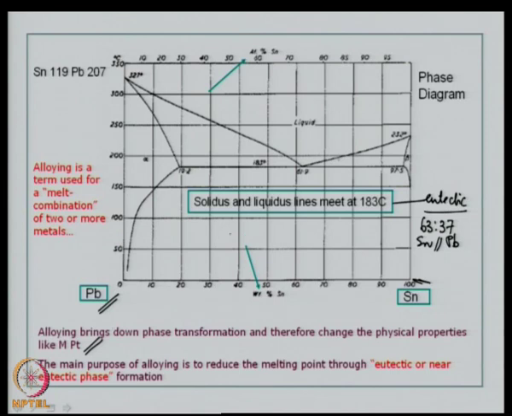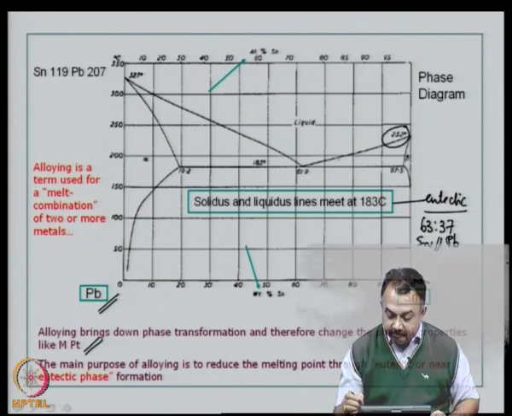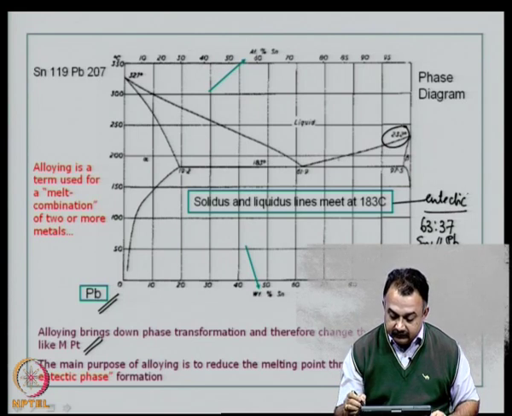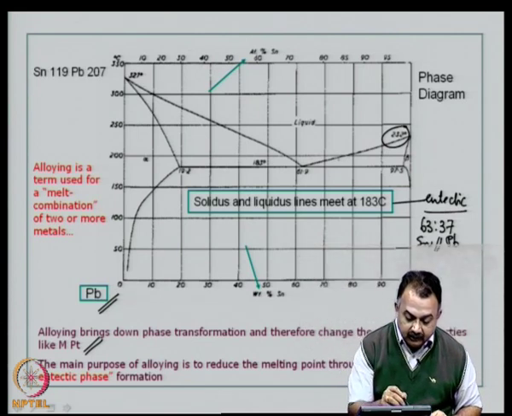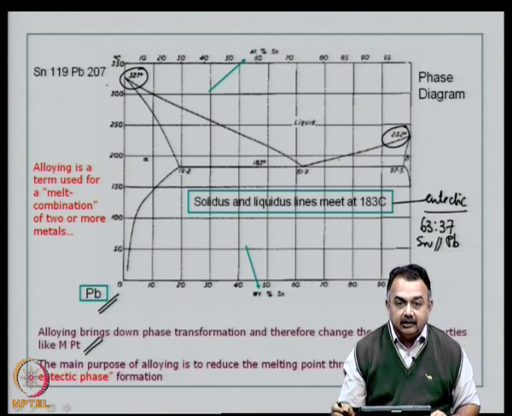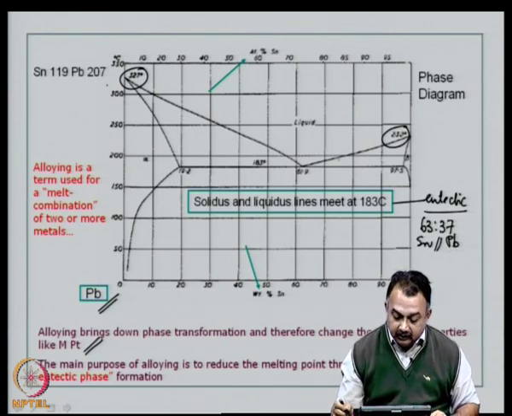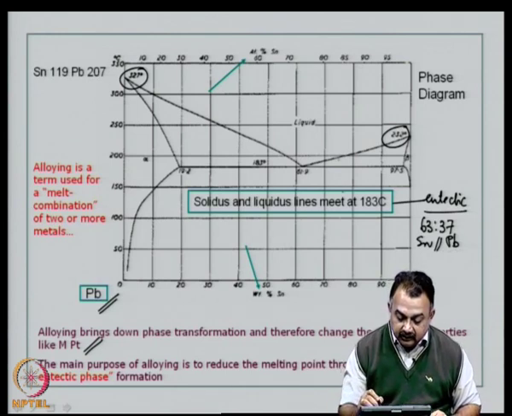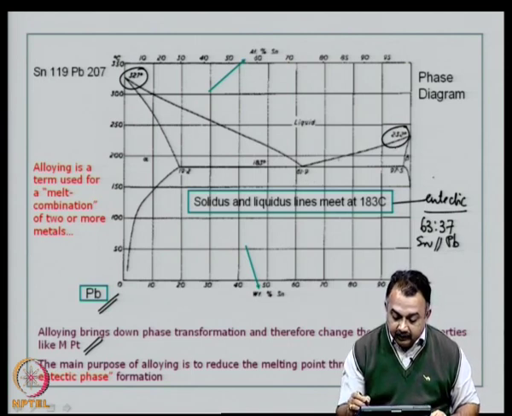If you look at this diagram here, this is the melting point of tin, and here you can see 327, the melting point of lead. When these two are mixed, various compositions are obtained, and obviously in the electronics industry 63:37 is not the only composition that is being used.